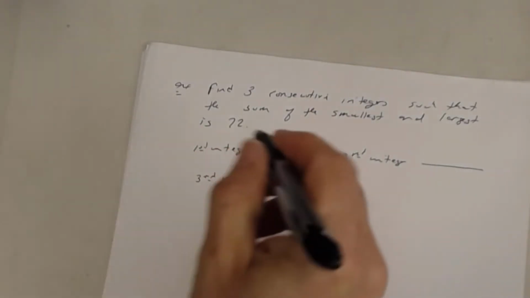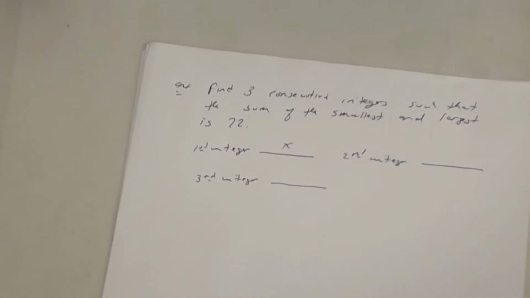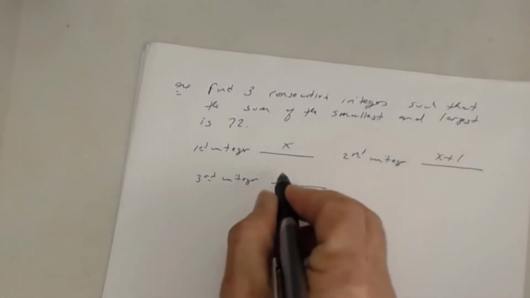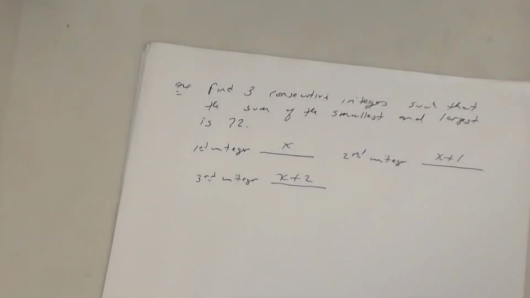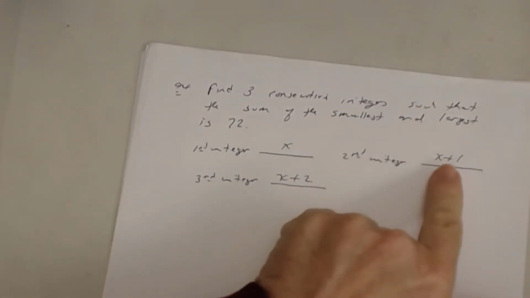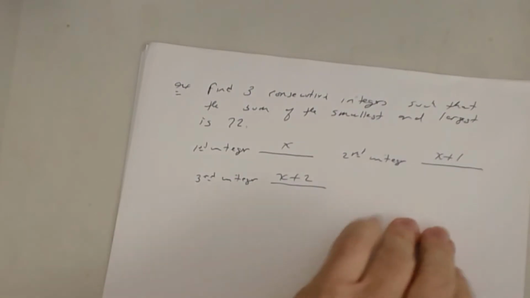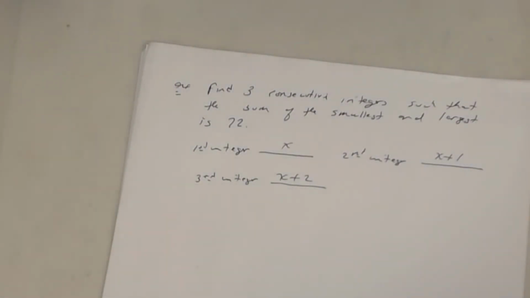X. Now remember, these are consecutive integers. X plus 1 is the next one, and x plus 2 is the next one. They're just consecutive integers, not consecutive odd, not consecutive even. If it was consecutive odd or consecutive even, it doesn't matter, then this one would be x plus 2, and this would be x plus 4. And the next one would be x plus 6, and there are 4 of them.